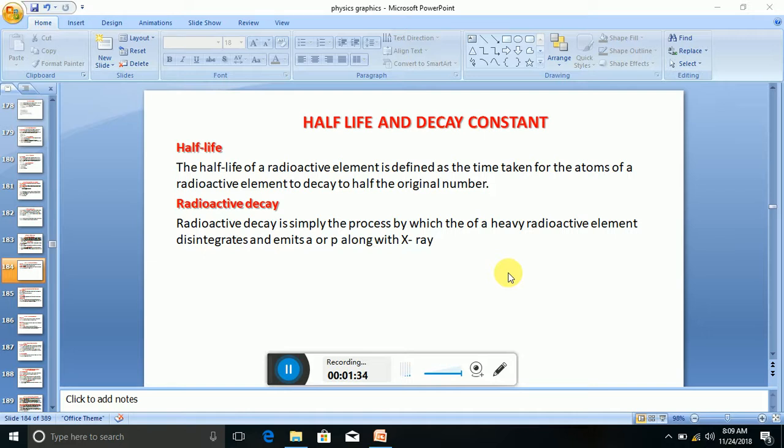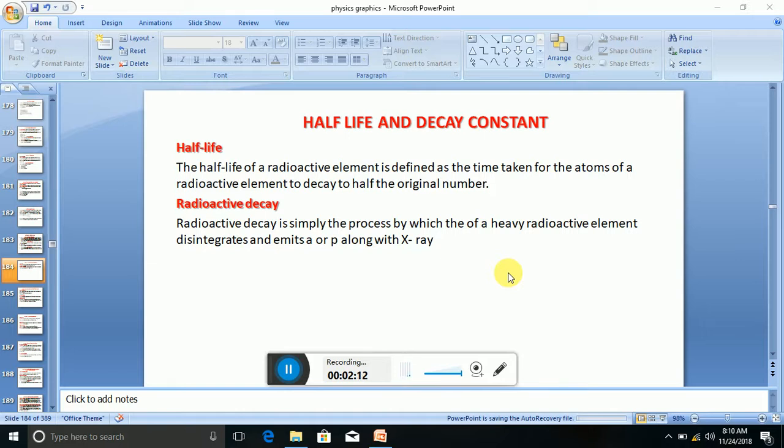Now, let's look at what radioactive decay is. Radioactive decay is simply the process by which a heavy radioactive element disintegrates into smaller ones, emitting things like alpha, beta, gamma, or X-ray.